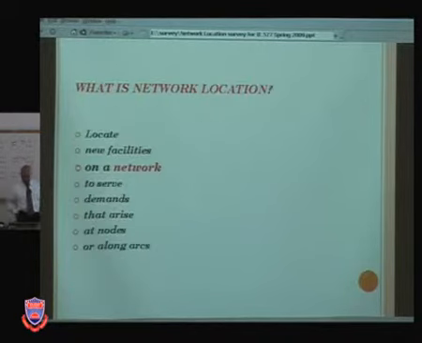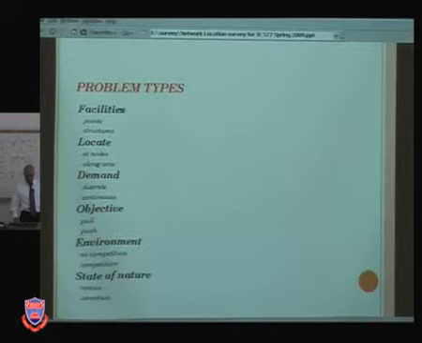Okay? What is network location? It involves locating one or more facilities on a network to serve demands that arise at nodes or sometimes along arcs. And problem types can be differentiated depending on the type of facilities you have. You may have point facilities, which is the stuff we've looked at.